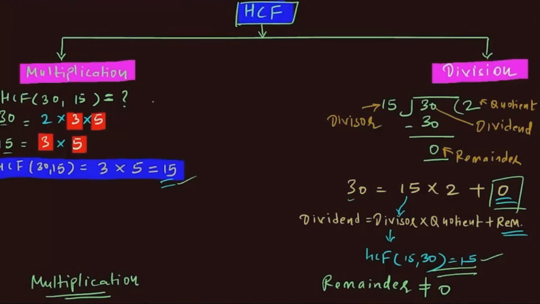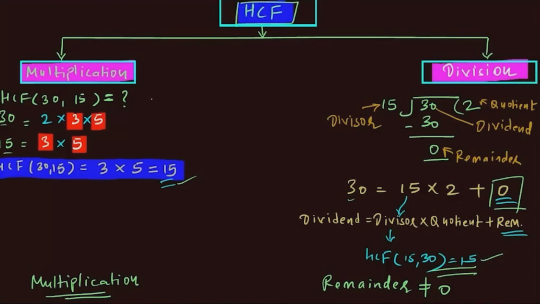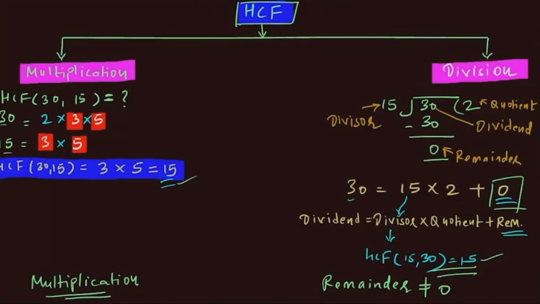So here we saw two methods to find the highest common factor, that is, multiplication and division. But you might be thinking about when to use the multiplication method and when to use the division method. Earlier, when people wanted to find the highest common factor, the most common method was the multiplication method. But later on they started to find difficulty in finding the highest common factor of bigger numbers.